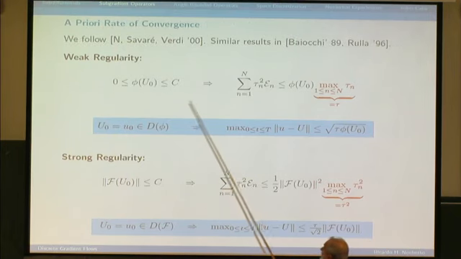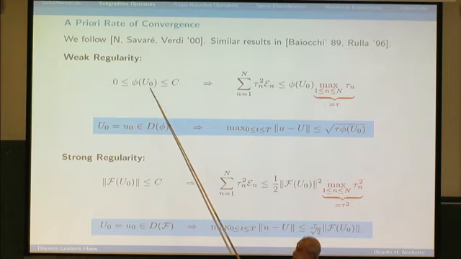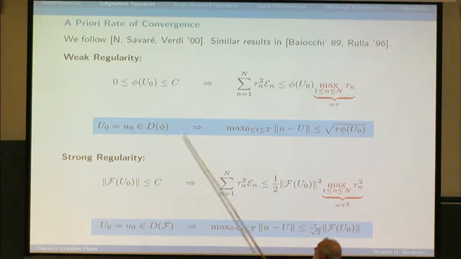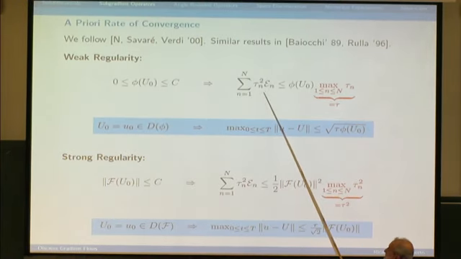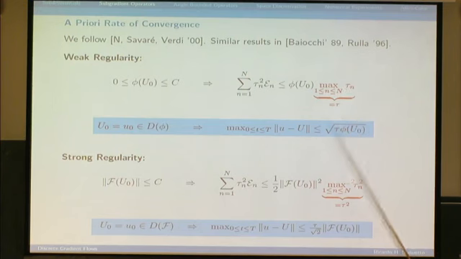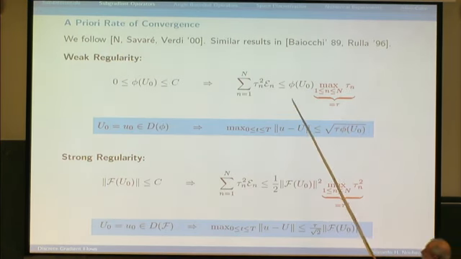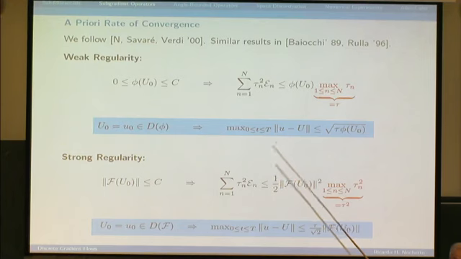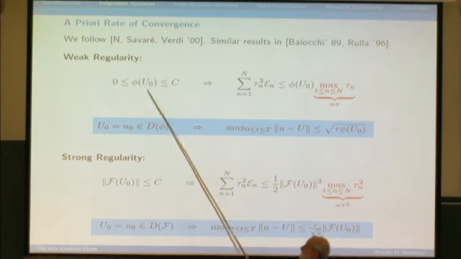If the discrete initial data happens to be in the domain of phi, then that quantity that measures the error is controlled by the value phi of u naught times the largest time step. Okay? So if you take the square root, this would mimic the Crandall-Liggett result, when the regularity of the initial data is to be in the domain of the functional.